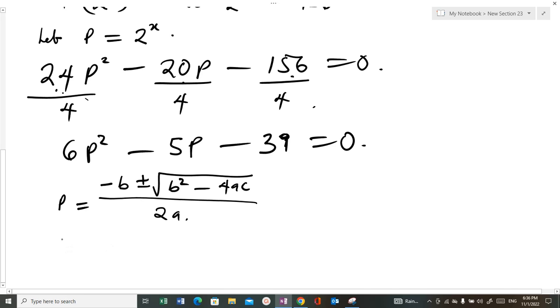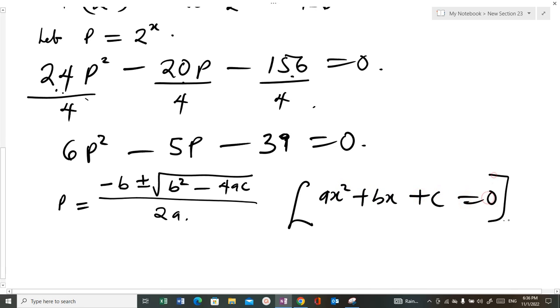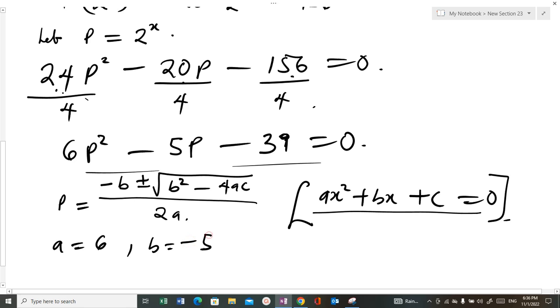Now, where you have ax squared plus bx plus c is equal to 0, comparing this equation with this equation, our a is 6, b is minus 5, c is minus 39.